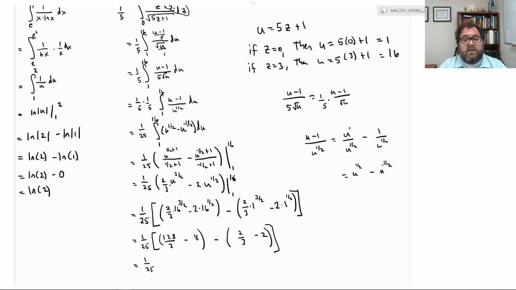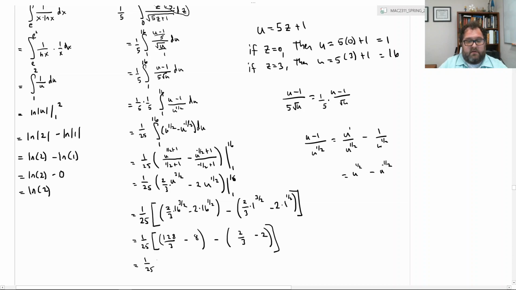So we have 128 divided by 3 minus 8. Now be careful to distribute. This negative goes there and makes that a positive. Or alternatively, I'll do this to show it.